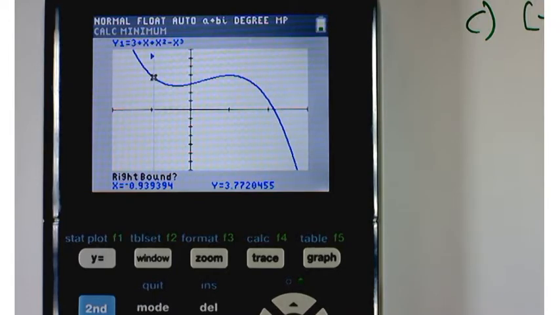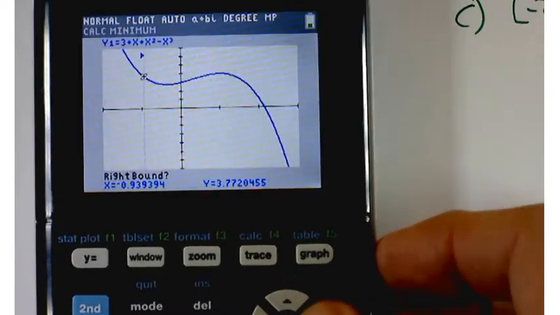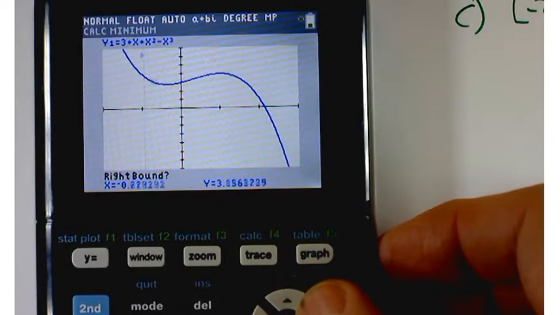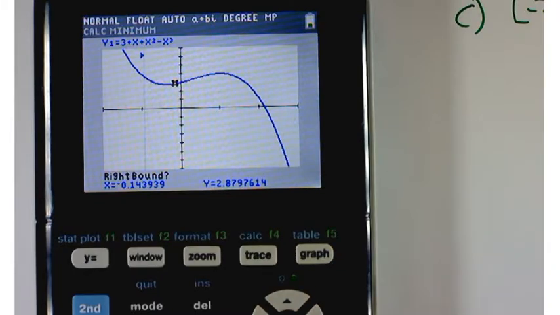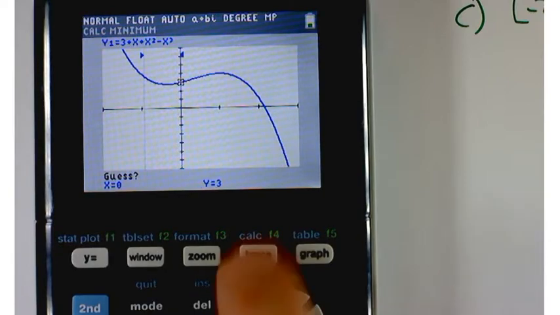And then it's going to ask you for a right bound. Go to the right here and press enter. Let's see, I might have screwed up a little bit. After you get a left bound and a right bound, you should have a couple arrows facing in.